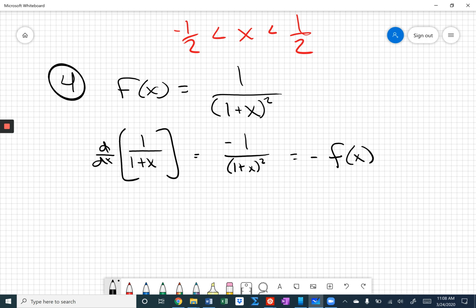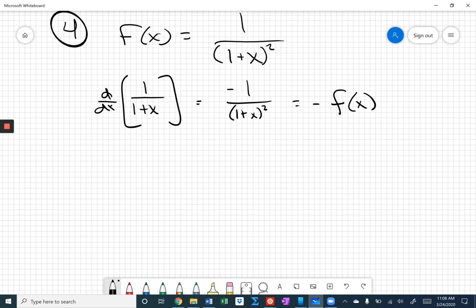All right, so let's see what I need to do then. I know the power series for 1 over 1 plus x, but I'm going to take the opposite of the power series for 1 over 1 plus x. I could do that later if I wanted, but I'm going to do it now, just to take care of that.